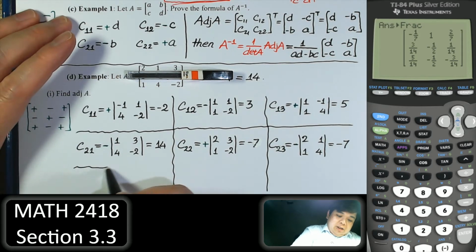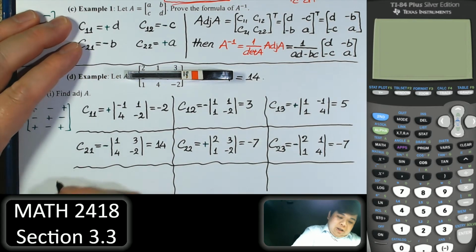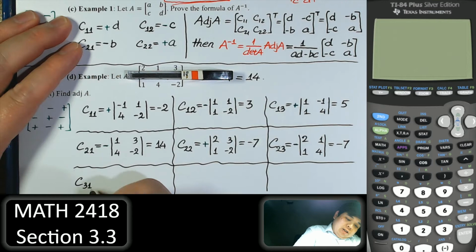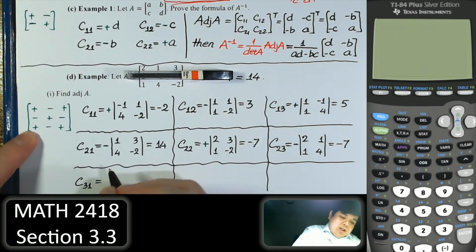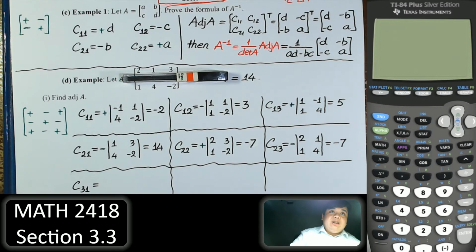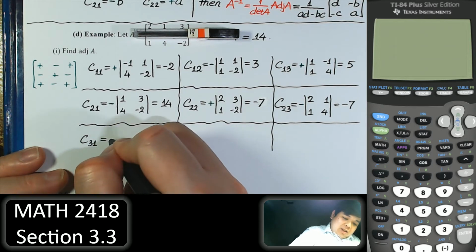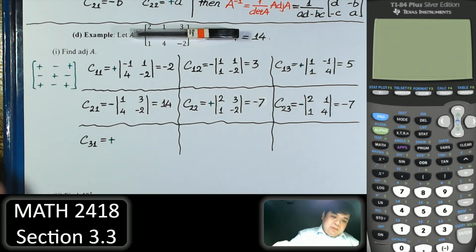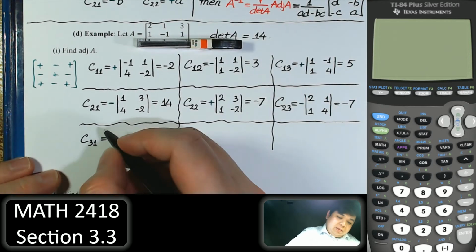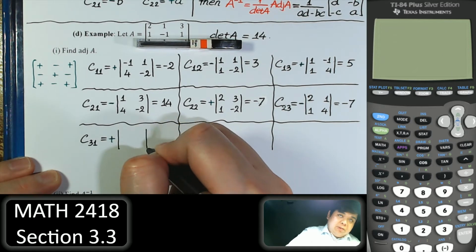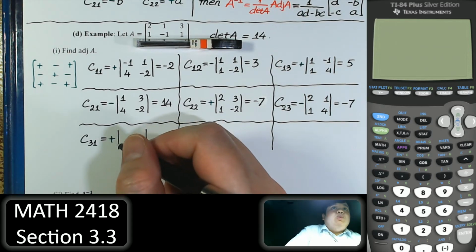Right. C31 stands on the plus sign. So it'll be 2, 1, 1, negative 1.